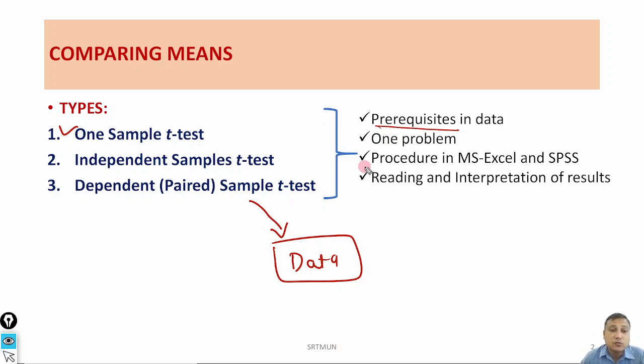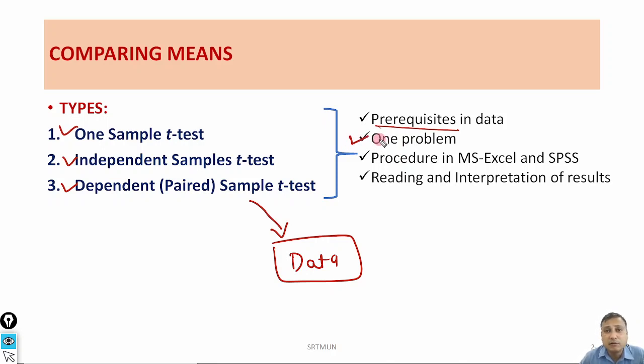If you want to perform a particular test, first you need to understand the required things that we should have with us before performing the test, and those prerequisites we will highlight first. What are the prerequisites needed in our data for that particular test? Then we'll see one problem, a sample data set.